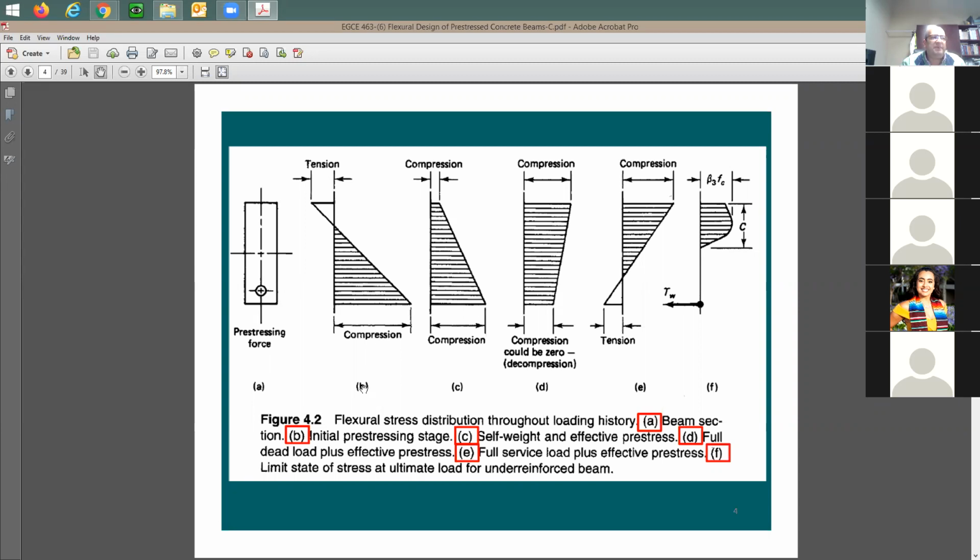And this is gonna be case B. Case B is gonna be the initial pre-stress stage. Here, you're going to have compression. In the top, you're going to have tension. You know, when you put any load, generally speaking, you're going to be applying tension at the bottom, compression at the top. So this is opposite to what the standard loading is going to do to your beam. So this is good. Actually, you're going to be opposite to what the beam loading is going to be doing to your beam.